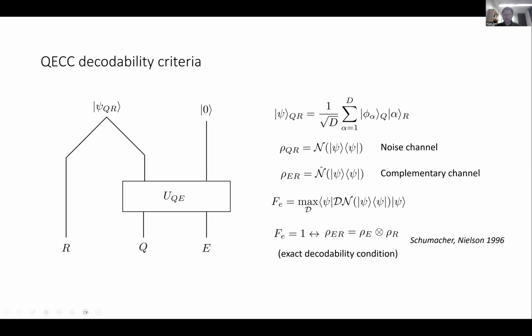If the decoupling condition is satisfied, then there must exist some decoder which achieves entanglement fidelity F_e equal to 1. Also, to answer one question: what is a way of characterizing approximate error correction? This entanglement fidelity is one way to characterize how good approximate quantum error correction is. Exact error correction means F_e equal to 1, and that is equivalent to the decoupling condition.